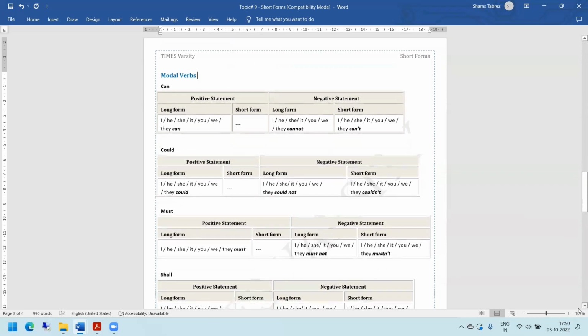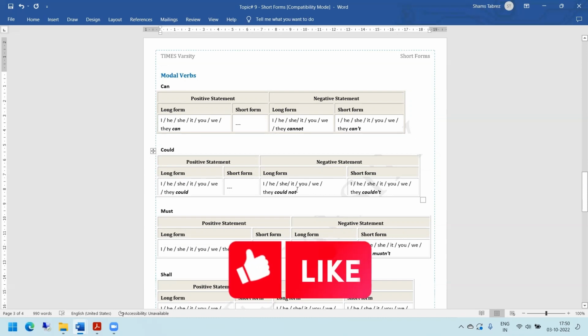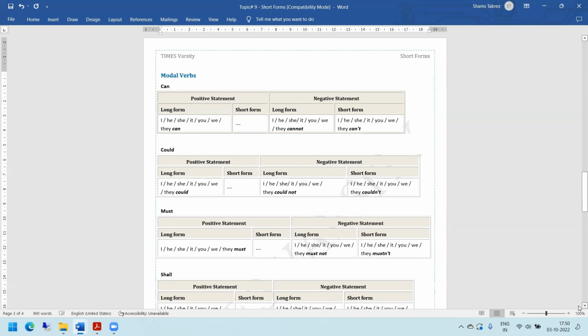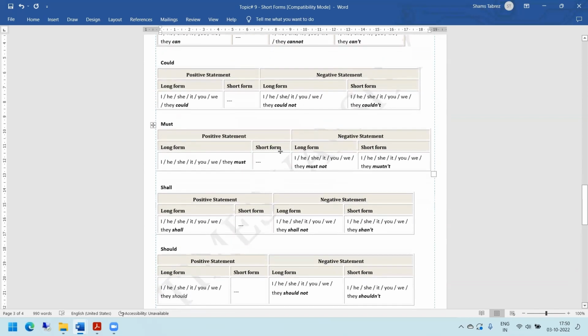And for could, similarly, I could do this one. You could do this one, right? So there is no short form for positive statement. And in case of negative, for example, instead of he could not do this, you can say he couldn't, or they could not, they couldn't. All right, so for could. Similarly, for must.